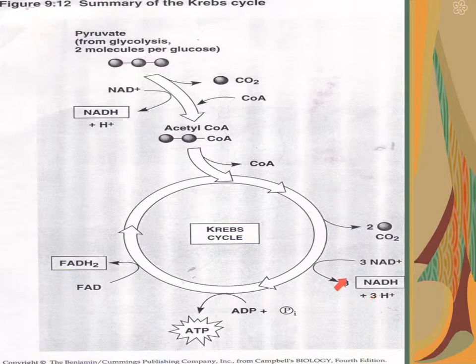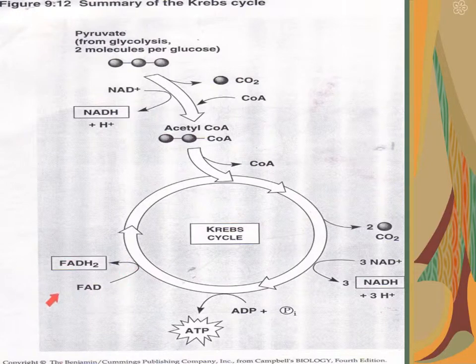Now notice that the NADH and the FADH2 are coenzymes that accept hydrogens and electrons. The NADH accepts 2 electrons and 1 hydrogen, while the FADH accepts 2 electrons and 2 hydrogens.